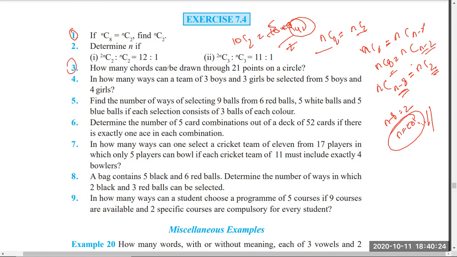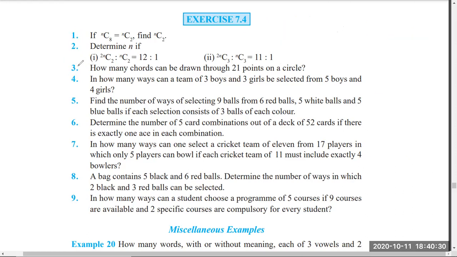So the third question is, how many chords can be drawn through 21 points on a circle? There are 21 points. So how many chords can be drawn? If you draw one chord, a chord will have 2 points.